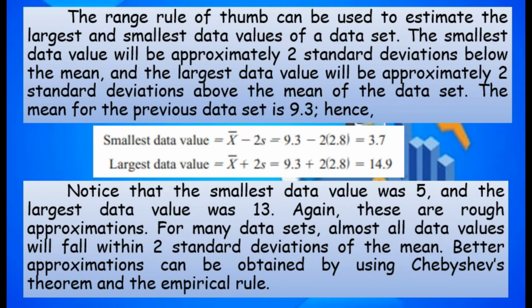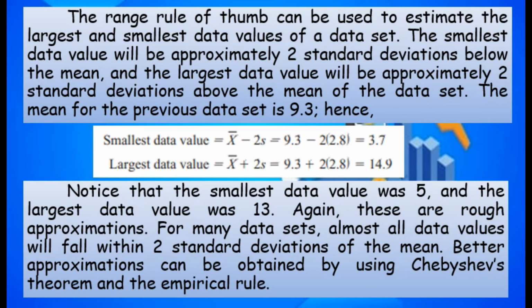The range rule of thumb can be used to estimate the largest and smallest data values of a dataset. The smallest data value will be approximately 2 standard deviations below the mean, and the largest data value will be approximately 2 standard deviations above the mean of the dataset.